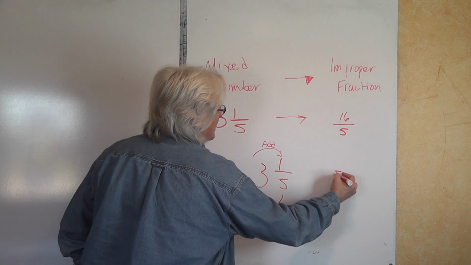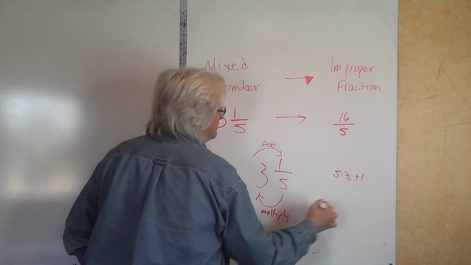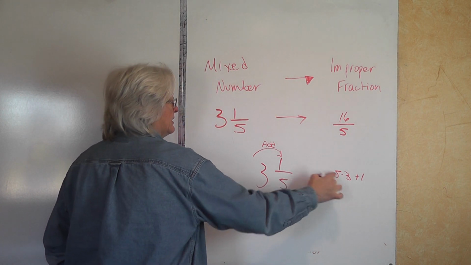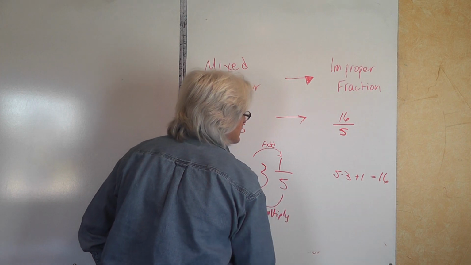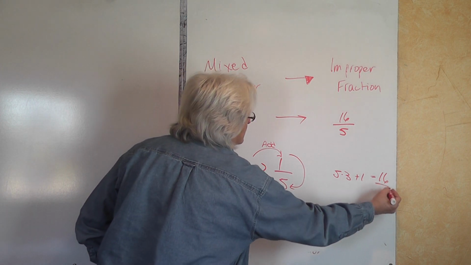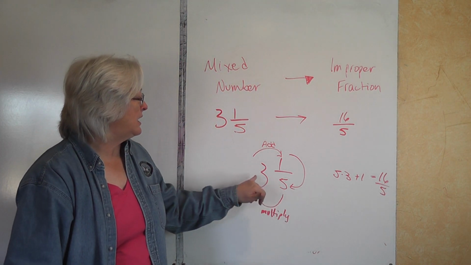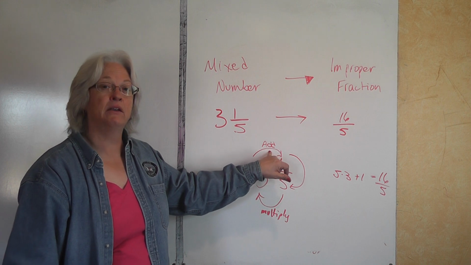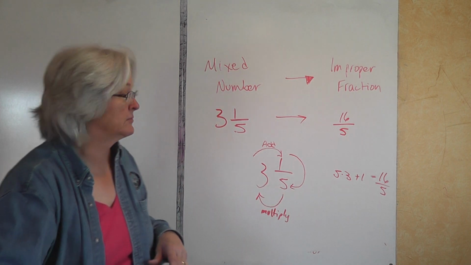So you would say 5 times 3 plus 1. 5 times 3 is 15 plus 1 is 16, and then write all of that over the denominator. Multiply, add, write that sum over the denominator.